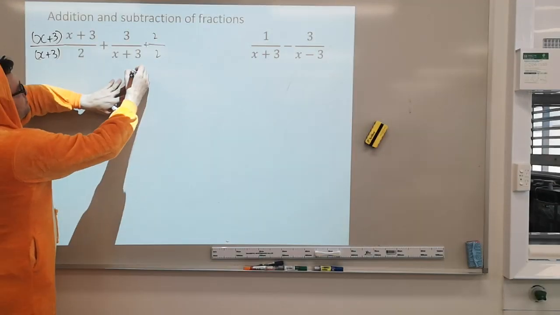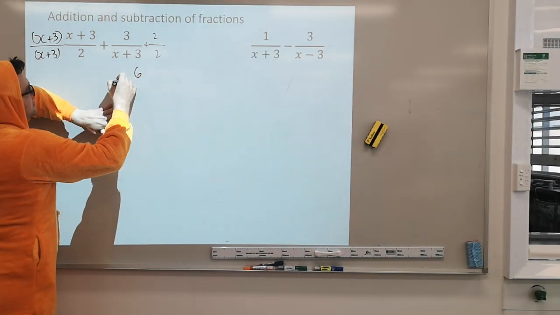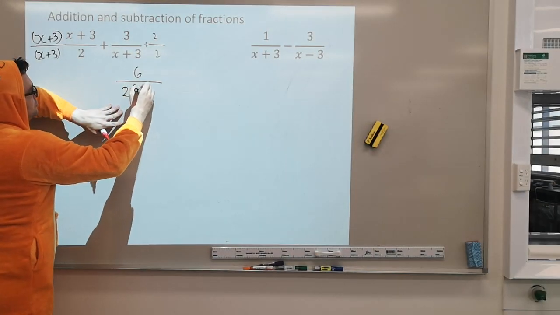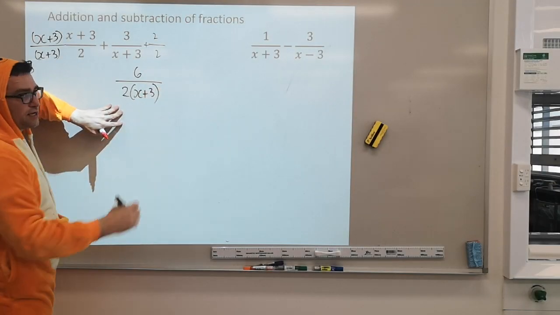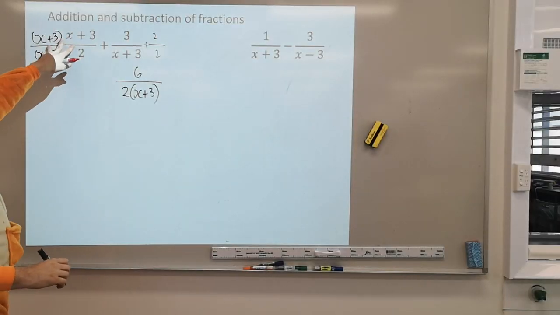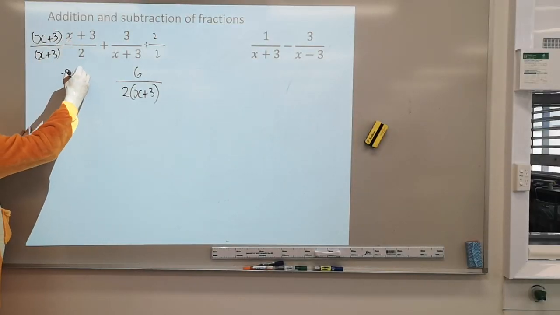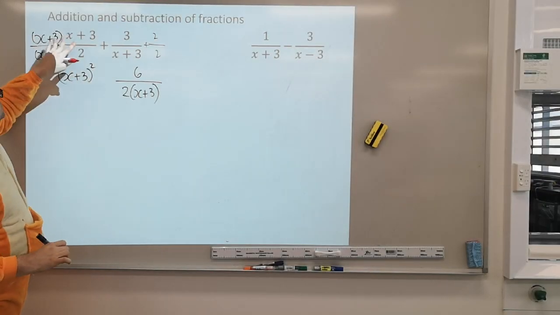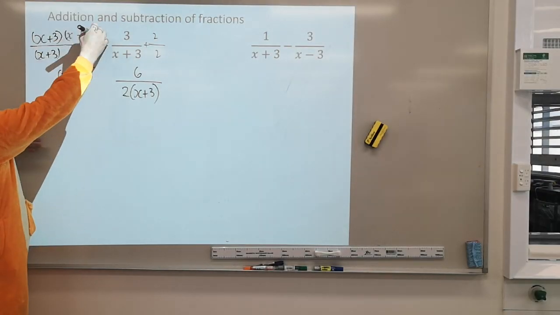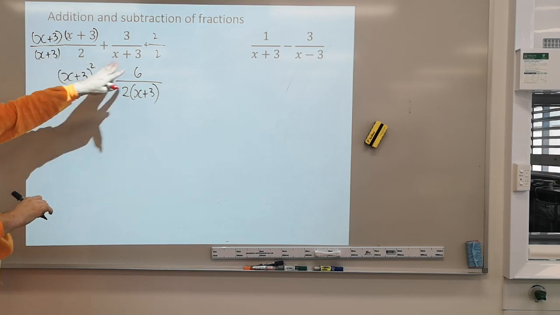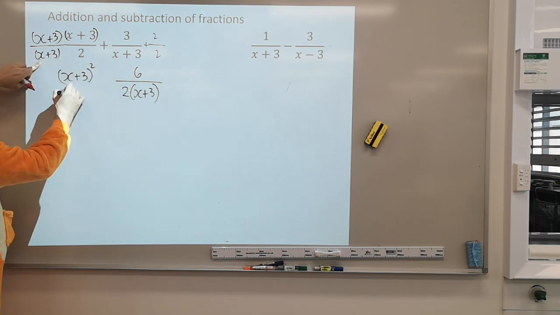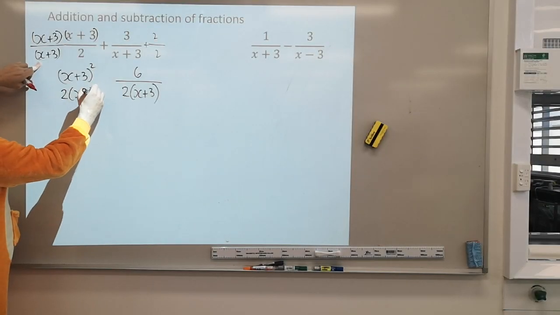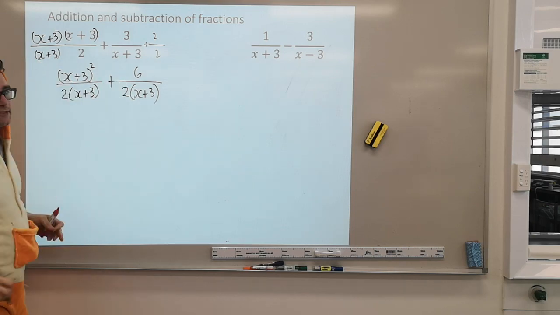This side I'm going to end up with 3 times 2 is 6 over 2 times x plus 3. This side I'm going to end up with x plus 3 squared, x plus 3 times x plus 3. And then I should have the same as this side, so 2 times x plus 3.